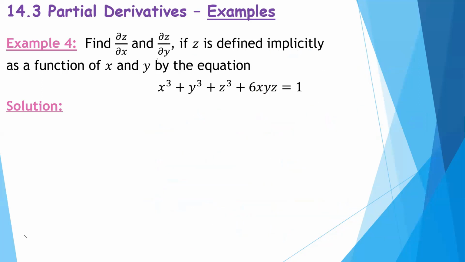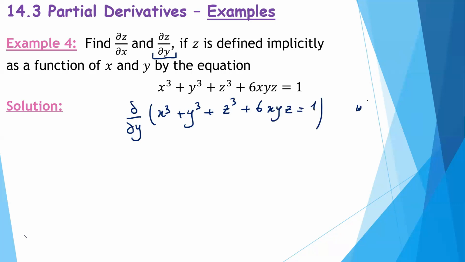Now, if we want to calculate the partial derivative of z with respect to y, we do the same. We derive the whole expression, this equation, with respect to y, keeping x constant, as we used to do for partial derivatives. So the derivative of the first term is 0.